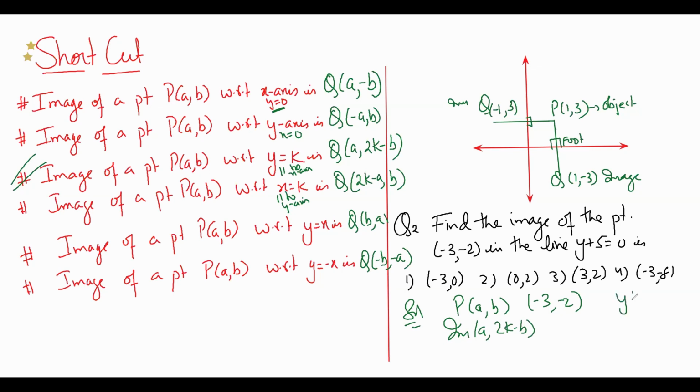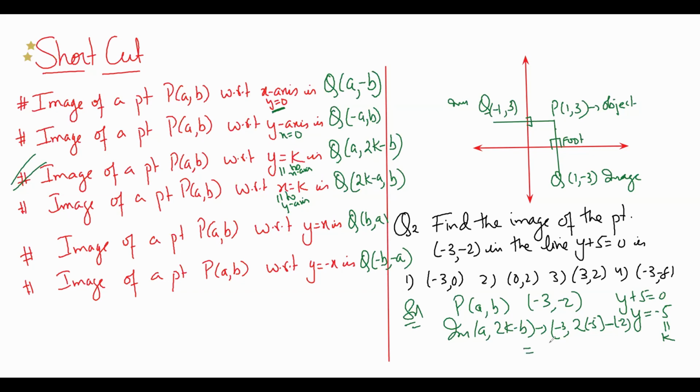Now the line is y plus 5 equal to 0, but in standard form it is y equal to minus 5. So my k is here minus 5, and according to this shortcut, the x coordinate remains a, that is minus 3, and the y coordinate will be 2k minus b, 2 into minus 5 minus b, b is here minus 2.